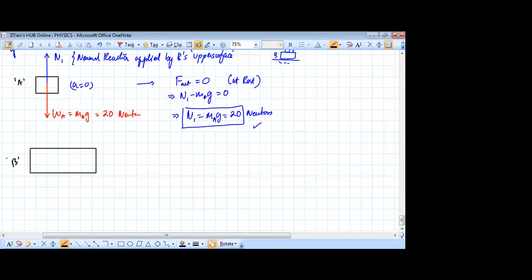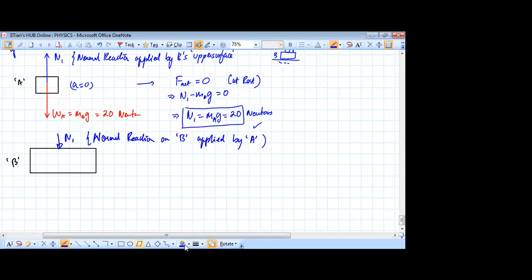So B now experiences 3 forces. Why 3 forces? Because A is sitting on top of it, so A is pushing it down with a force of the same magnitude as this, but opposite in direction. So this is the normal reaction on block B, but applied by block A from above.